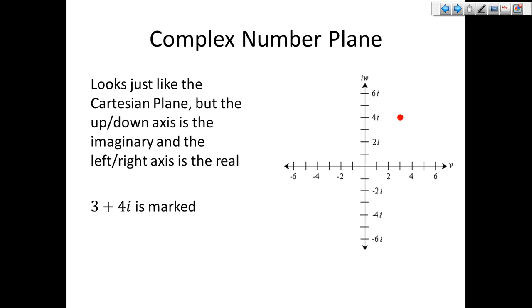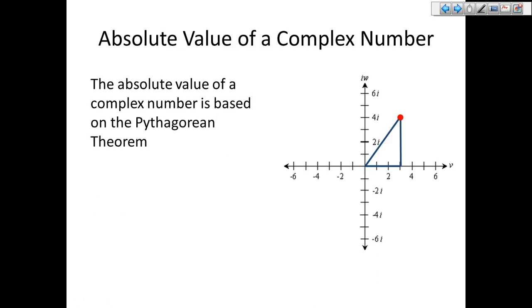Now that's not real interesting, but we can use it to talk about the absolute value of a complex number. The absolute value of a complex number is based on the Pythagorean theorem, and I've gone ahead and drawn in a right triangle. Now this right triangle is 3 units wide, 4 units tall. So when we talk about finding the absolute value of a complex number, we're talking about how long is this line right here.